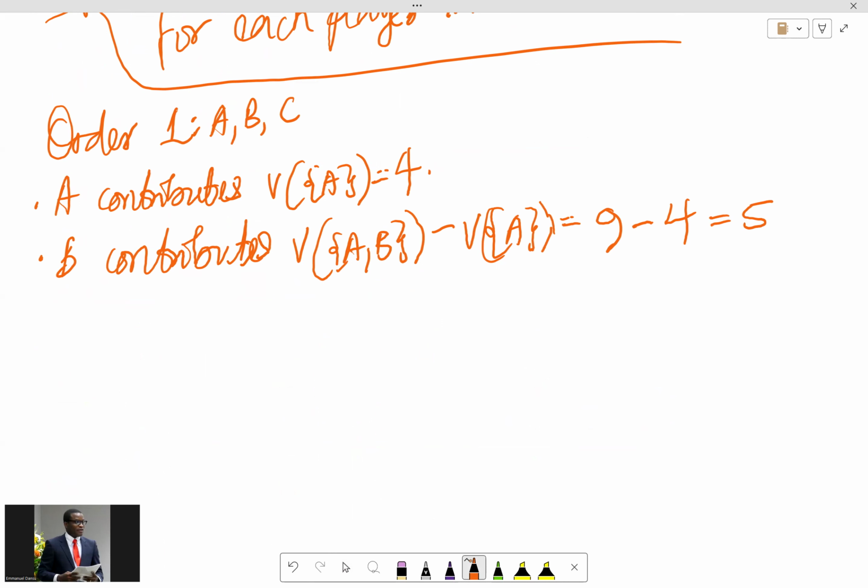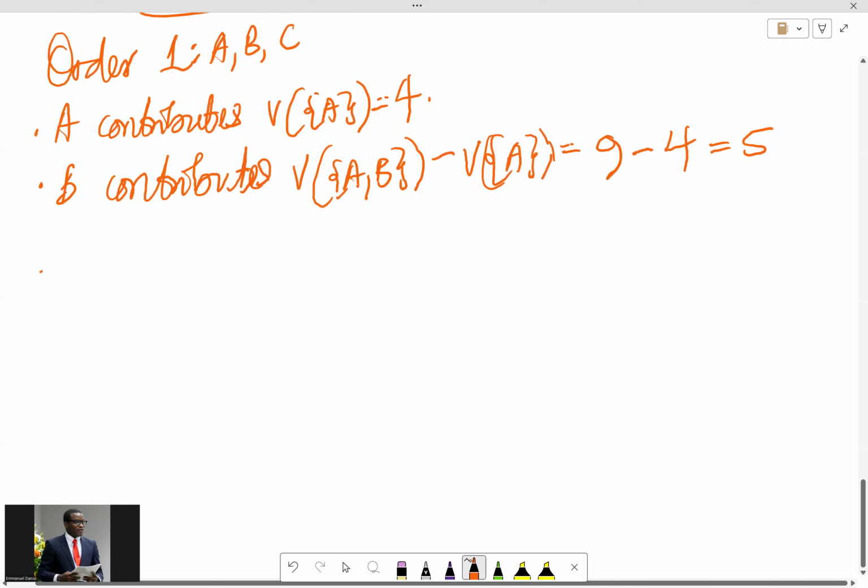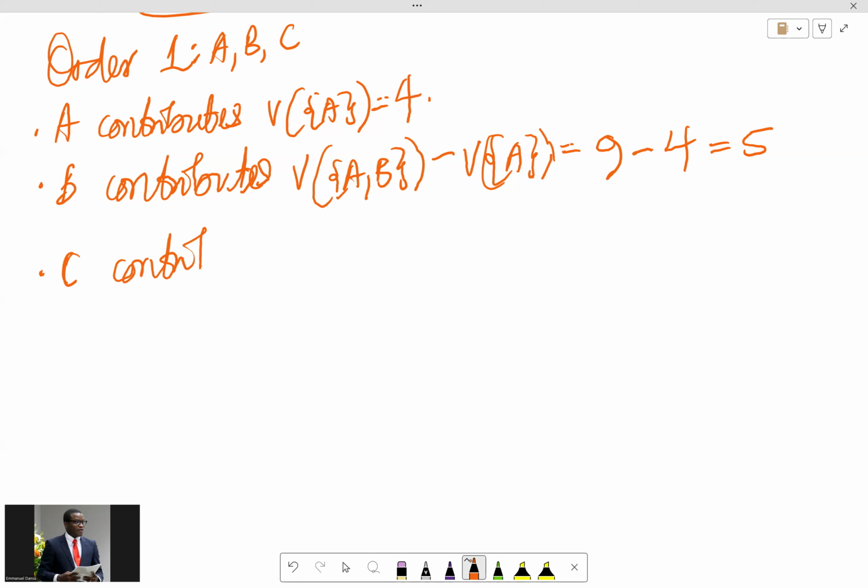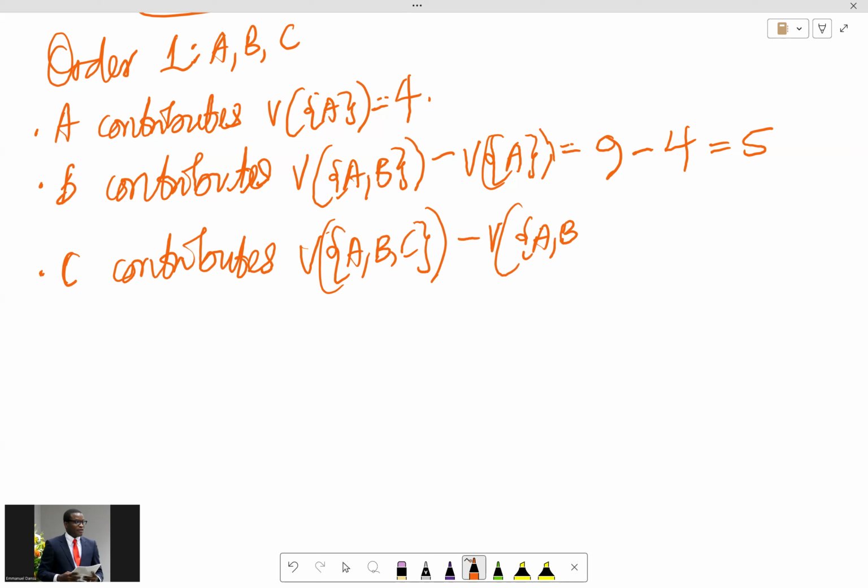Now, then we go for C. What is C contributing into this coalition? C contributes the value of the grand coalition, A, B, C, minus V of A, comma B, because A and B are already here.